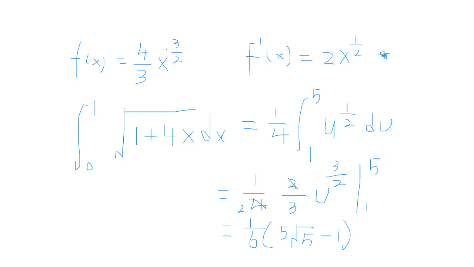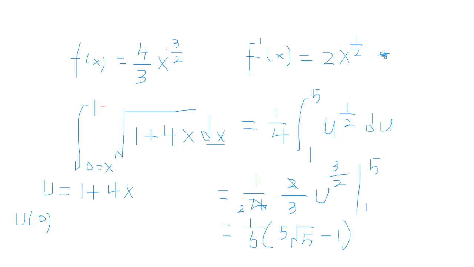Can you explain how you got the upper and lower bounds again? Okay. So I set u to be 1 plus 4x. So basically you can think u is a function of x, right? So what's u of 0? Because the lower limit is x equals 0, right? Because the variable is x now in here.